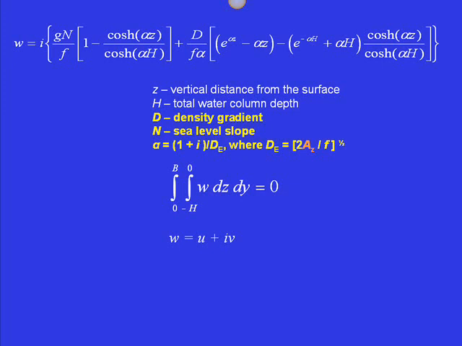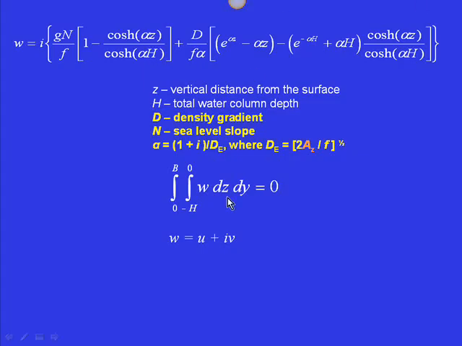And we can't define those independently, because for a prescribed density gradient, the sea level will tilt in a certain way. It has to be hydrostatically consistent, right? For a large density gradient, the sea level slope will be large, and for a weak density gradient, the sea level won't be tilting as much, because light water stands taller than heavy water. So there has to be a dynamical consistency between the density gradient, d, and the sea level slope. And so you use the boundary condition that appears there.